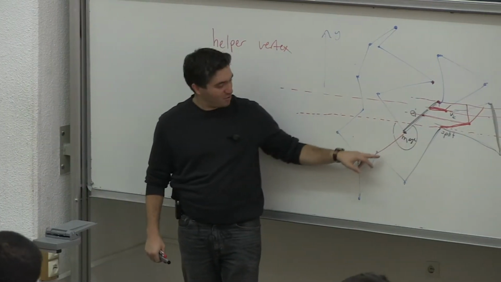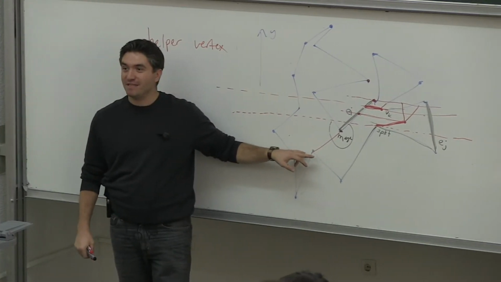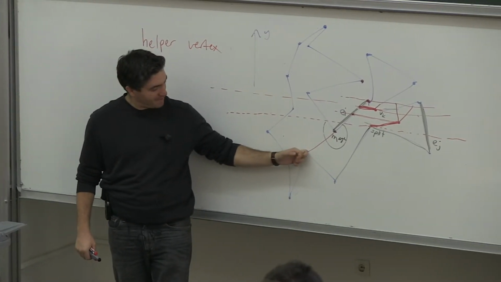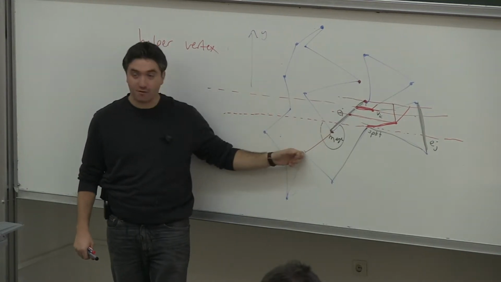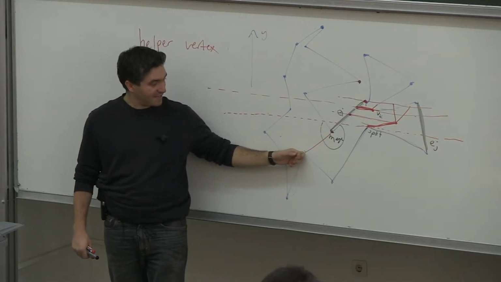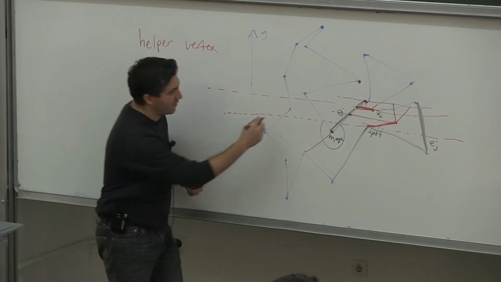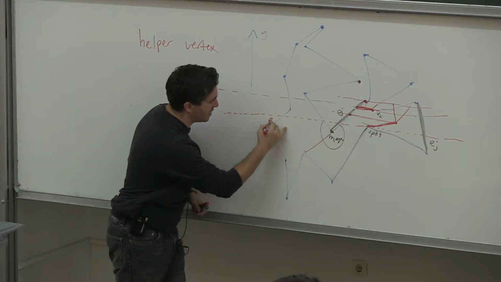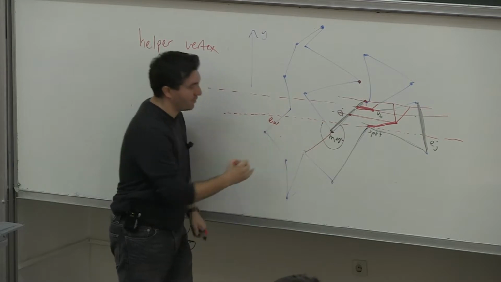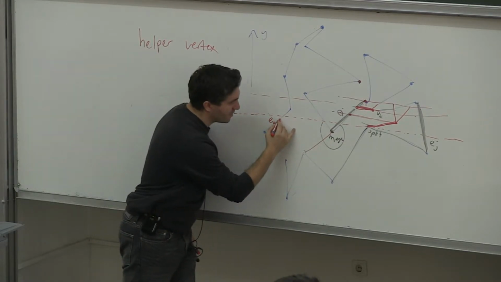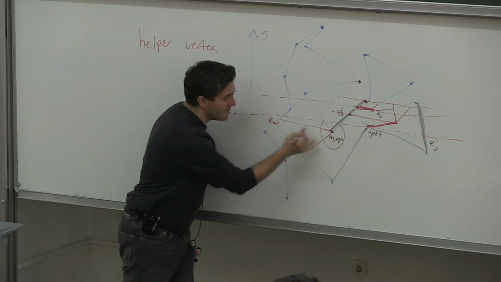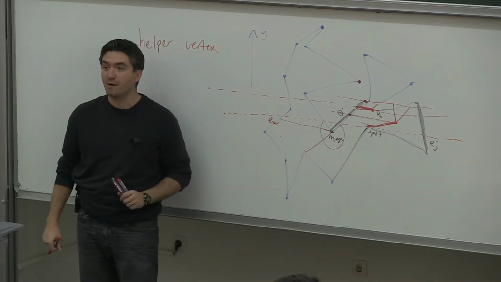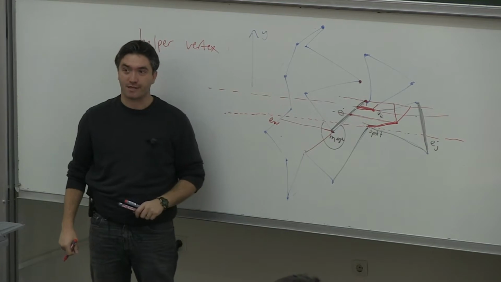But when we come to another vertex, which is safe to draw a diagonal from that merge vertex, look at this edge, let's name it EW. This merge vertex becomes the helper vertex of EW when we come to this merge vertex.